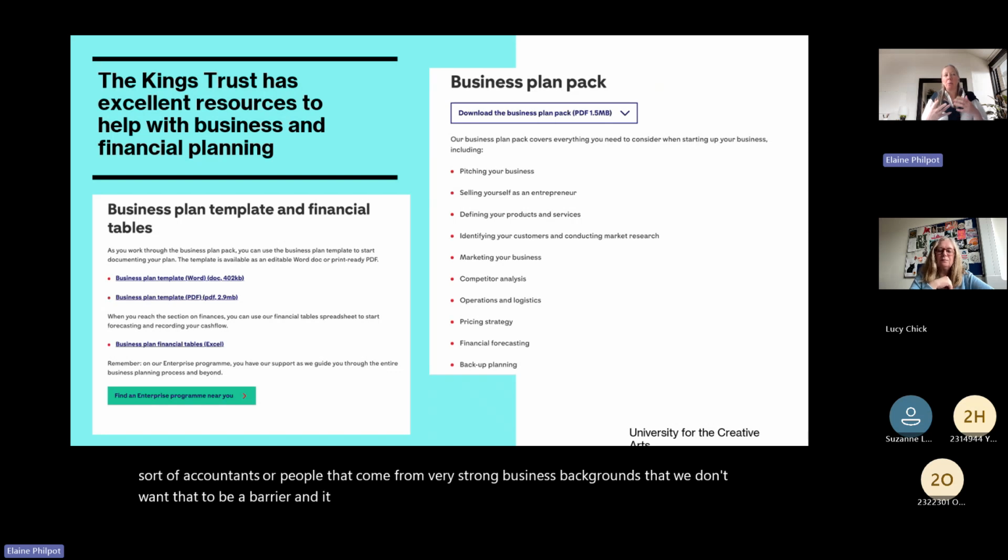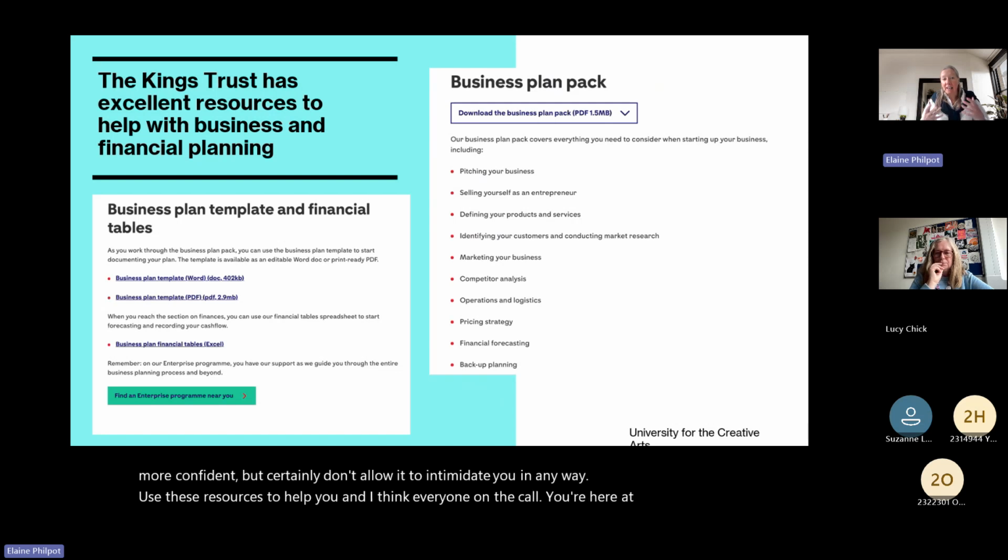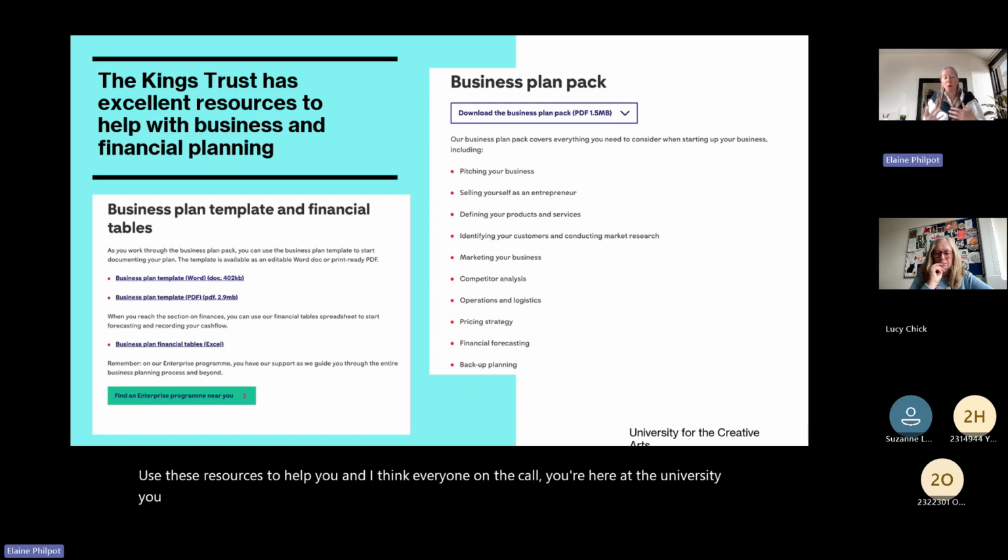But it's also important to learn some of the terminology, because it'll make you feel a bit more confident, but certainly don't allow it to intimidate you in any way. Use these resources to help you. Everyone on the call, you're here at university, you have the intelligence and the capacity to work on some good basic foundations of your finances.